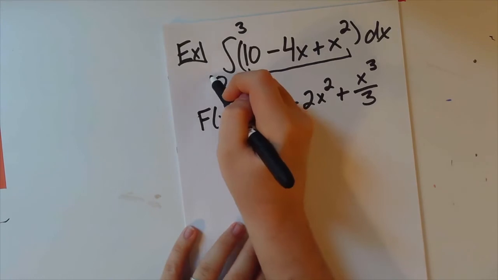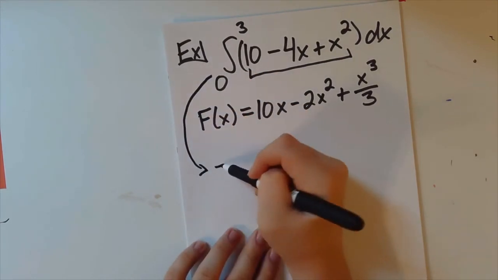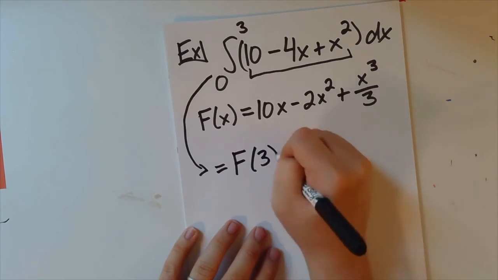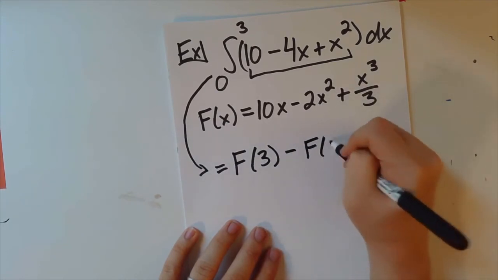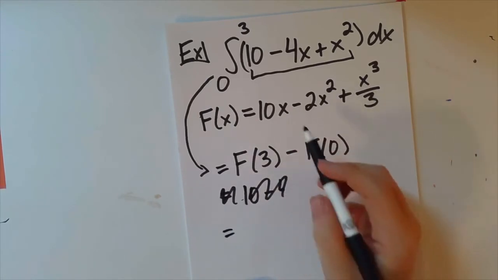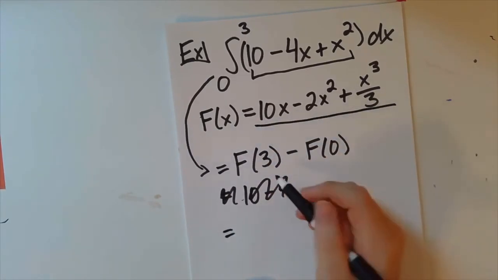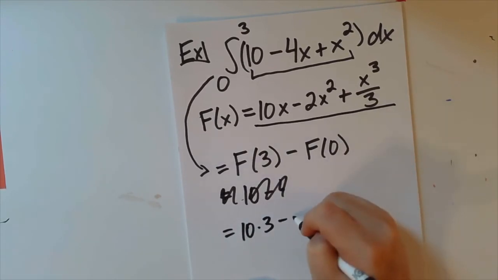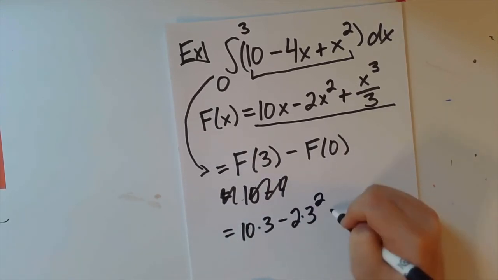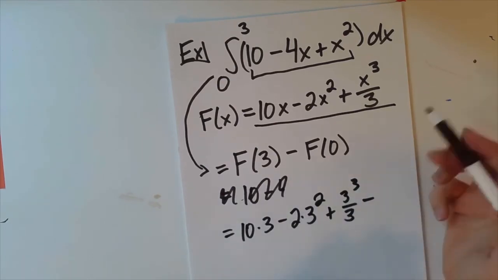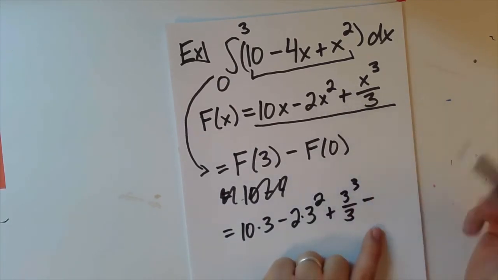But once you have that, then all we have to do to evaluate this integral is take big F of 3 minus big F of 0, which as it happens will be 10 times 3 minus 2 times 3 squared plus 3 cubed over 3, and then minus, and all of these terms are 0.